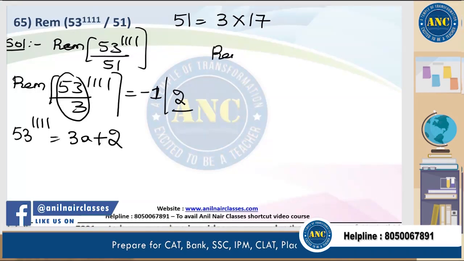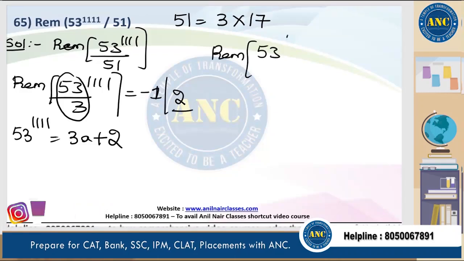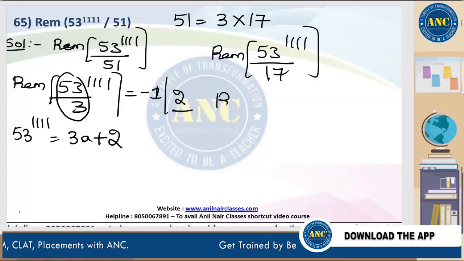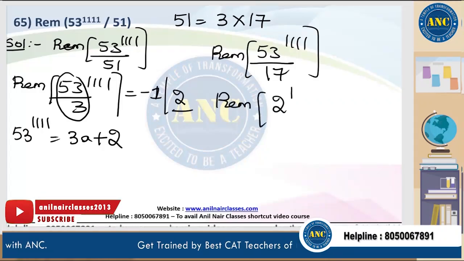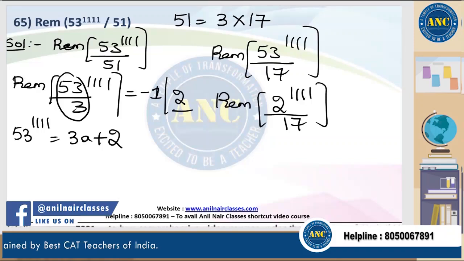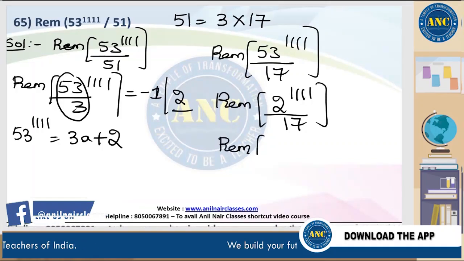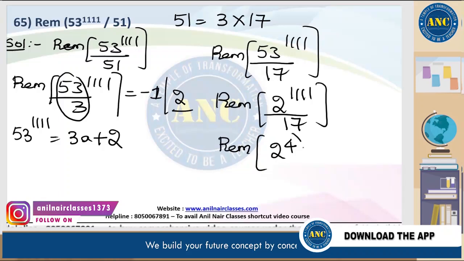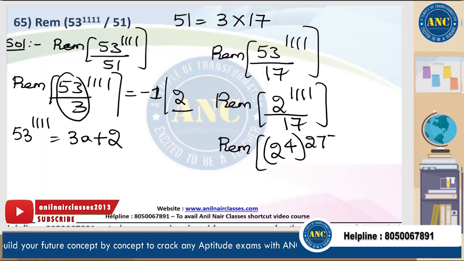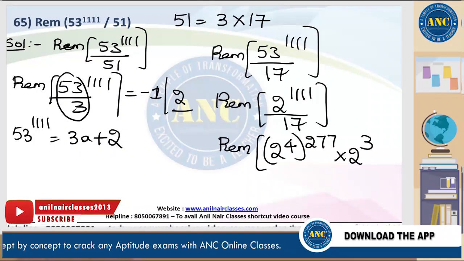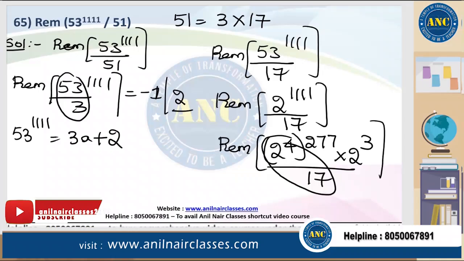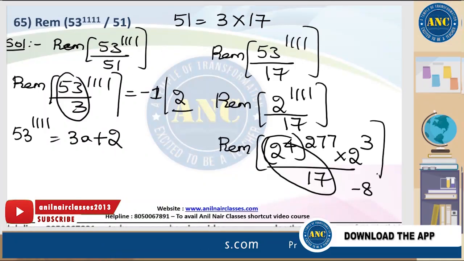Similarly, 53 power 11111 divided by 17. 17 threes are 51. It is 2 power 11111 divided by 17. You can use Fermat's theorem or negative remainder here. 2 power 4 is 16, and 16 divided by 17 is minus 1. So 2 power 277 into 2 power 3 divided by 17: 16 by 17 is minus 1, giving minus 8.